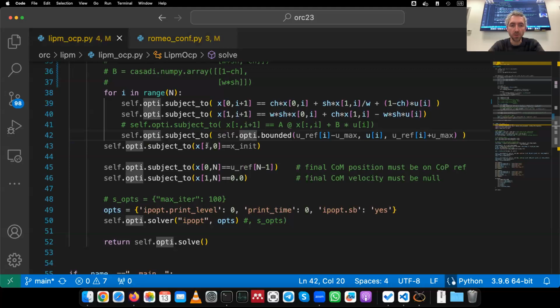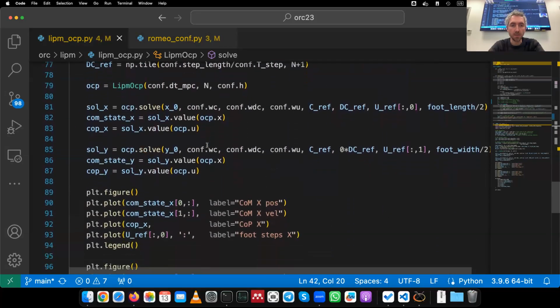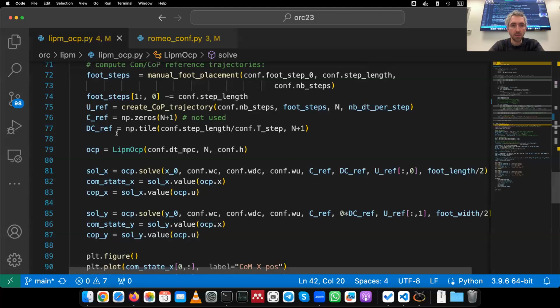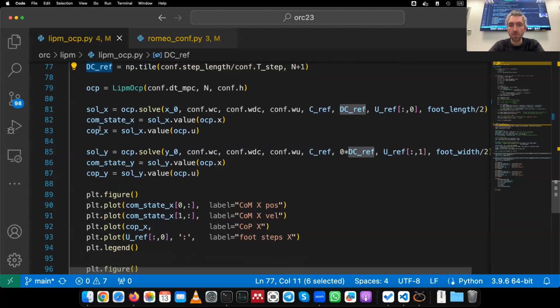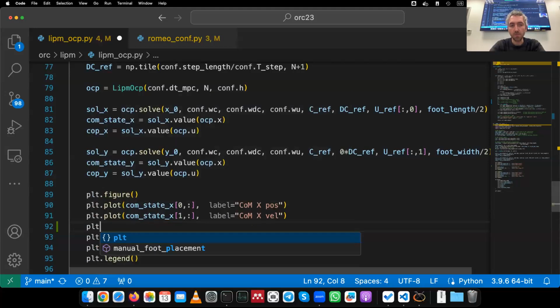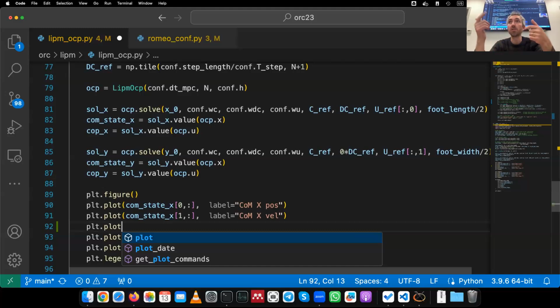And maybe to make this more clear, we could also add the plot of the reference velocity. Of course, we're plotting the x direction, because in the y direction, the reference velocity is just 0.